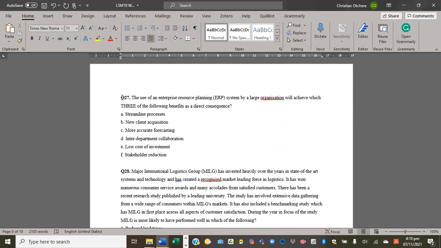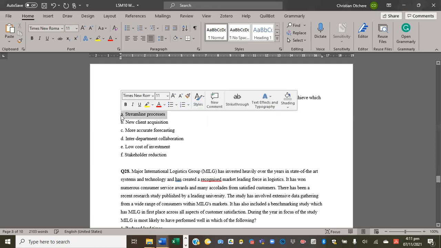Okay, question 27. The use of an enterprise resource planning system by a large organization will achieve which three of the following benefits as a direct consequence? So three benefits of using ERP. One, it will streamline processes. It gives more accurate forecasting.